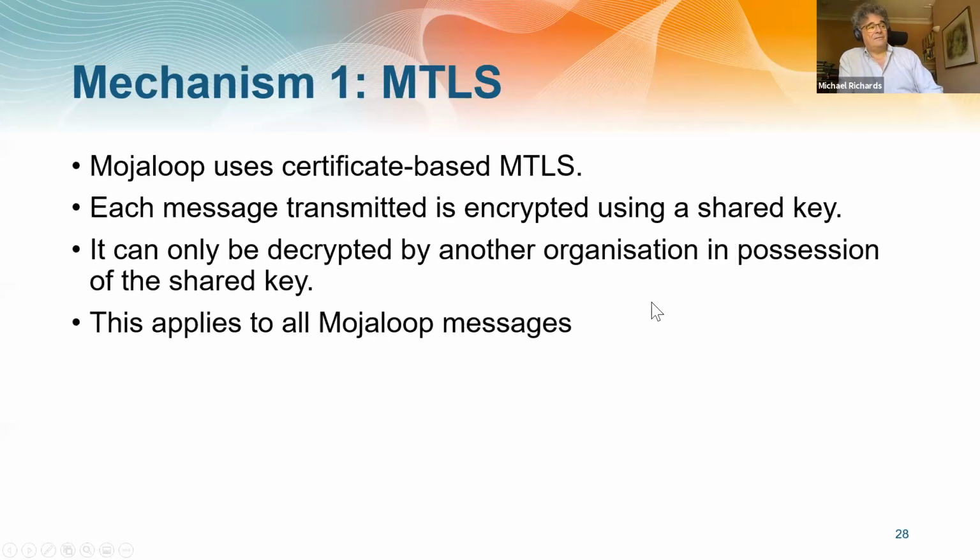So we start with MTLS, mutual TLS, transport level security. And that's essentially the standard HTTPS security that you will see when you come to a lot of network sites. And essentially what that means is that every message that's transmitted is encrypted using a shared key, and it can only be decrypted by another organization in the network. All Mojaloop messages are protected by TLS.